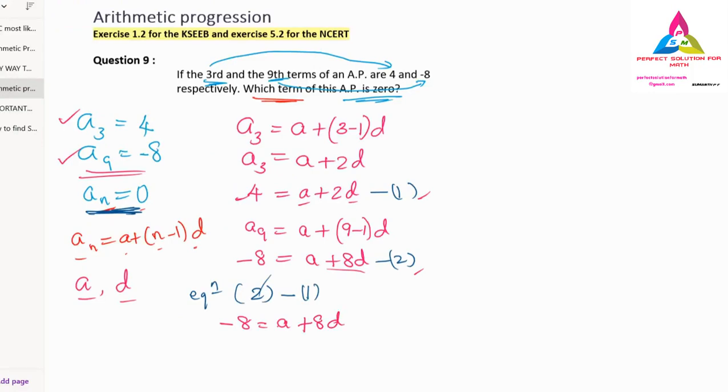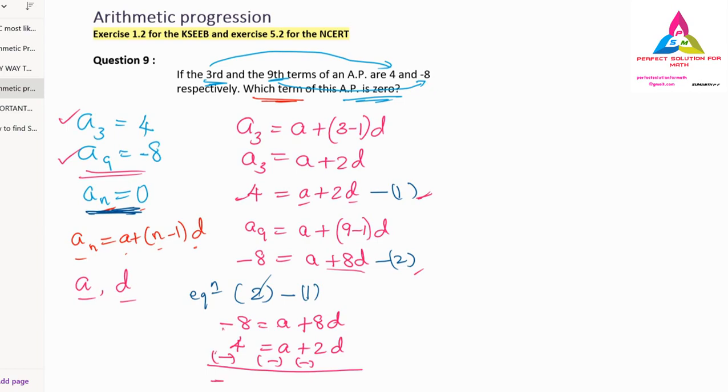Coming to equation 1 over here, that is 4 is equal to a plus 2d. So we are doing the subtraction. So what we have to do? Change the sign. So plus 4 will become minus 4. This a will become minus a. This plus 2d will become minus 2d. We have to change the sign. So both the sides are negative. So here is also negative.